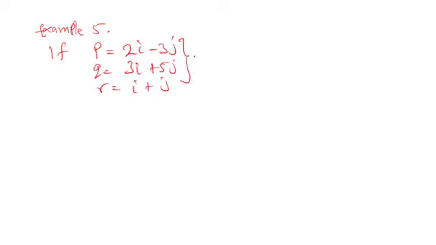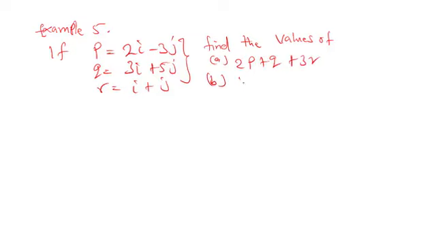These are three vectors. Now find the values of A, 2p plus q plus 3r, and B, 3p minus 2q. Now let's start with the first one, A.